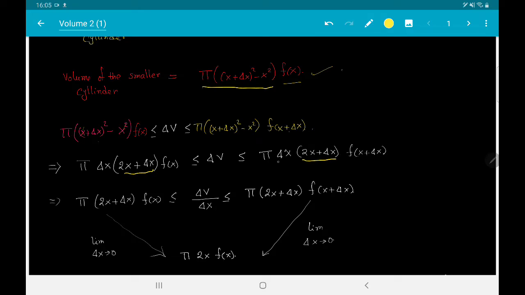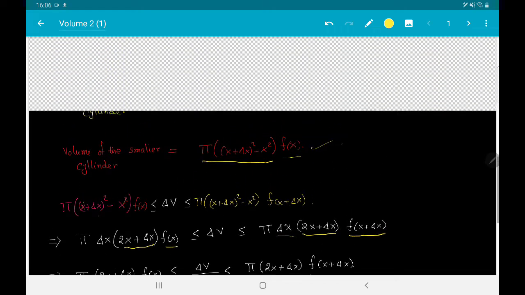The same thing will happen here, because the area of the base of the cylinders is constant in the two cases. And for the right hand side, the height of the big cylinder is f of x plus delta x, and here the height of the cylinder is f of x.